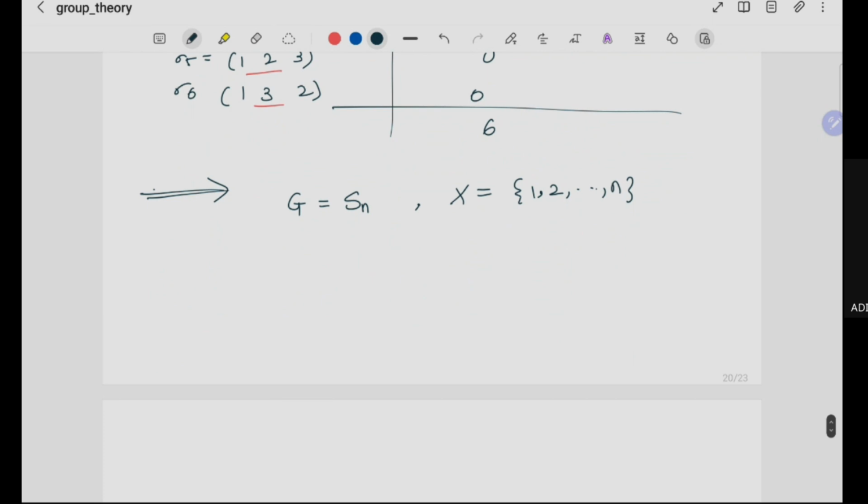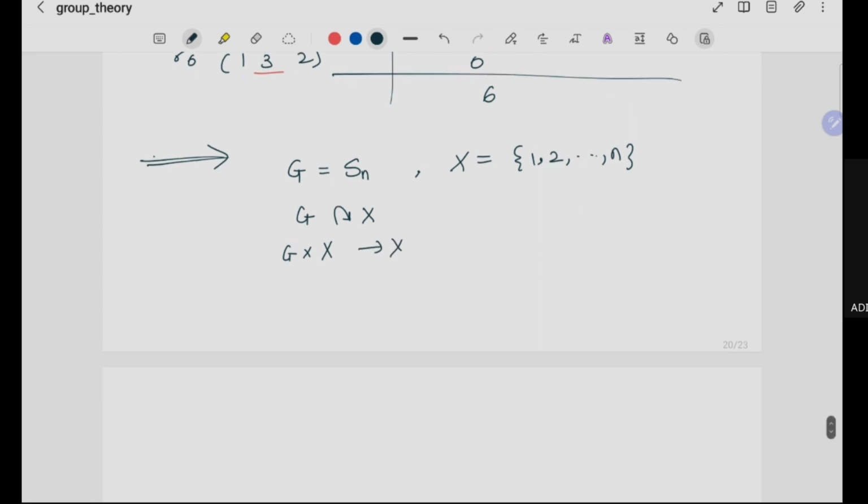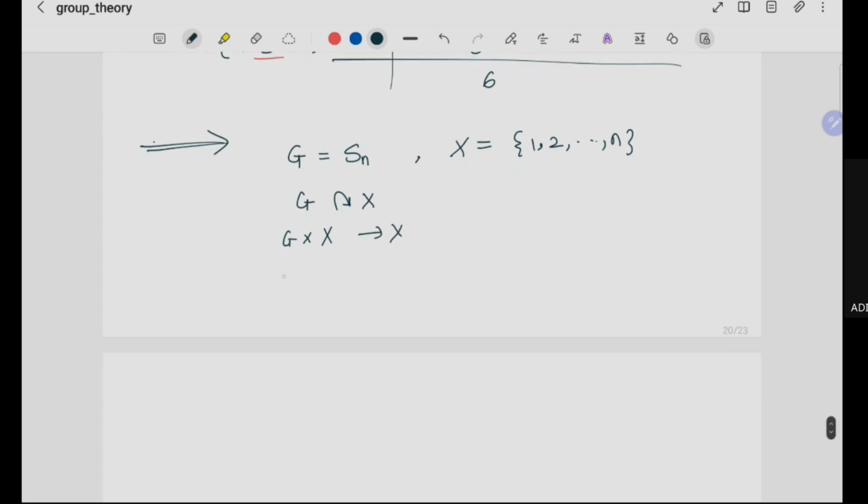Now we define the action of G on X, G cross X going to X, so it is some function again. If sigma is in G and k belongs to X, then sigma times k is sigma of k.